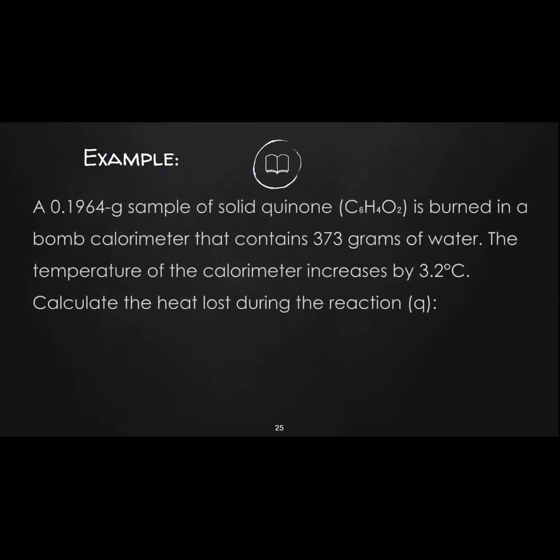Here's another example. It says a 0.1964 gram sample of solid C6H4O2 is burned in a bomb calorimeter, that's just a type of calorimeter, that contains 373 grams of water. The temperature increases by 3.2 degrees. Calculate the heat lost. Okay, so here's my equation.